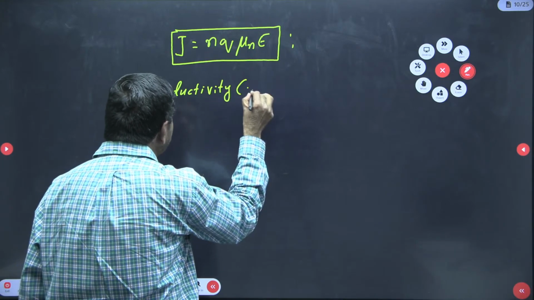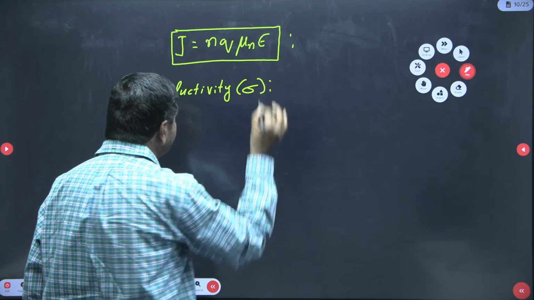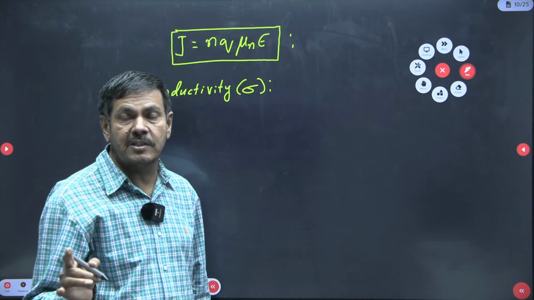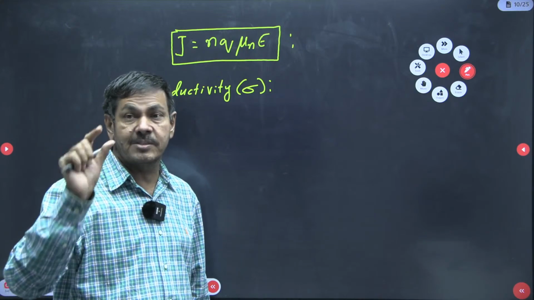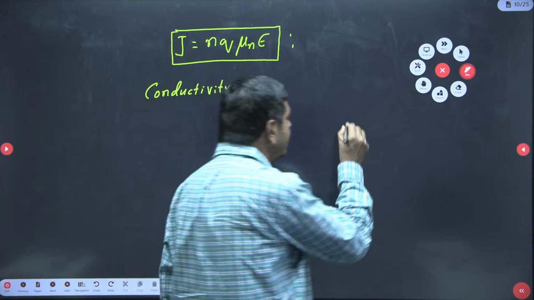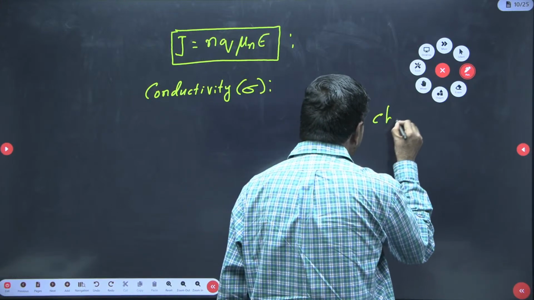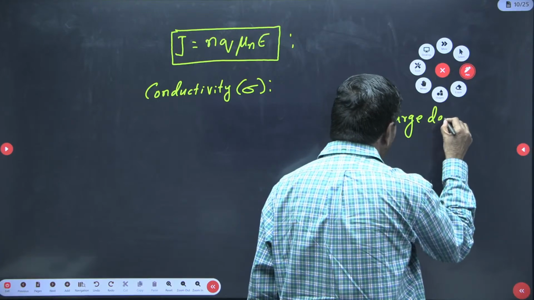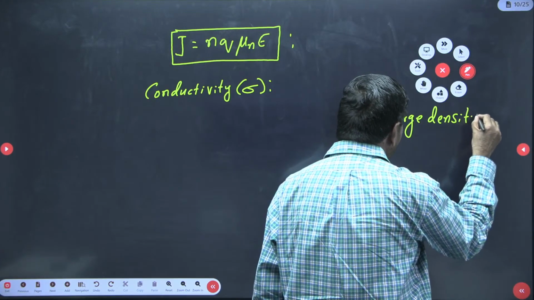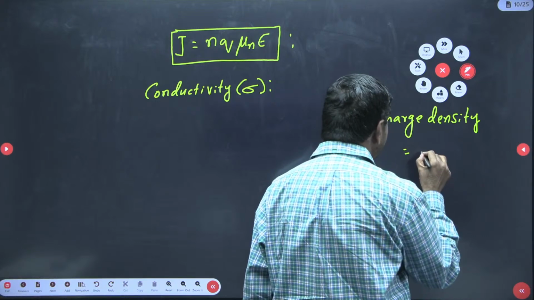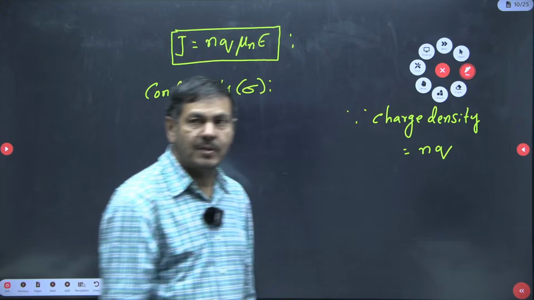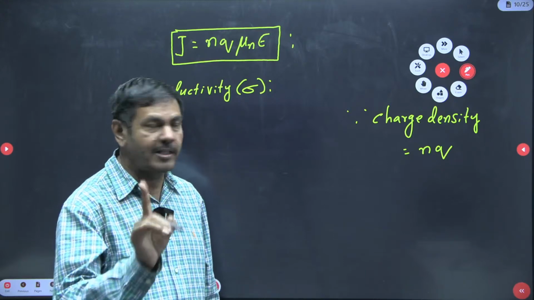Conductivity is denoted by the symbol sigma. I said just now, charge density means small n into q, not capital N. Charge density is nothing but n into q, small n only now.